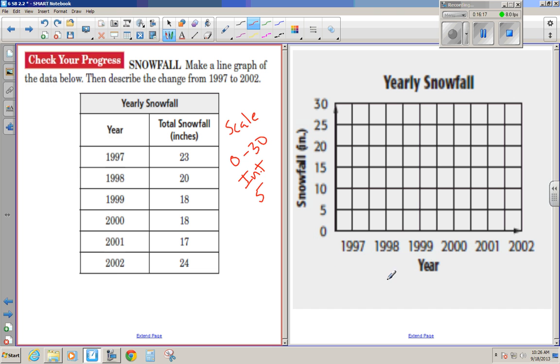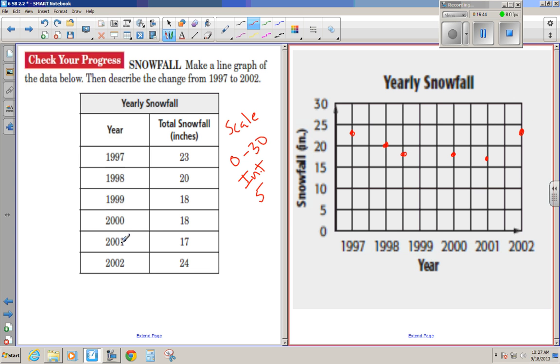And then the time is the horizontal. So 1997, 23, 1998, 20, 1999, 18, 2000, 18, 2001, it's 17, 2002, it's 24.